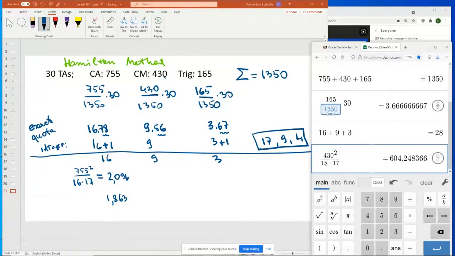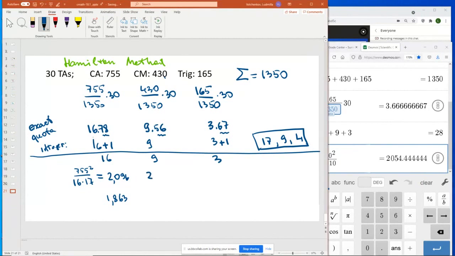Okay, returning to the second group, the population 430. 430 squared. The present representation is 9. The future representation is 10; 9 plus 1 is 10. So the HH number will be 2054.